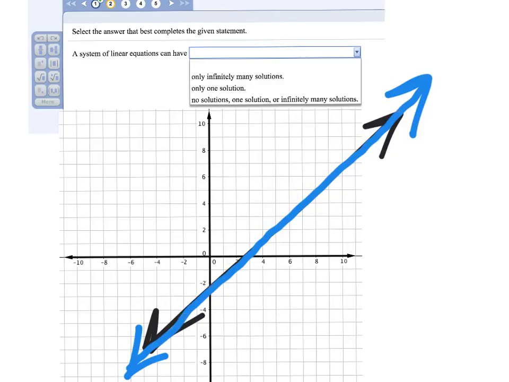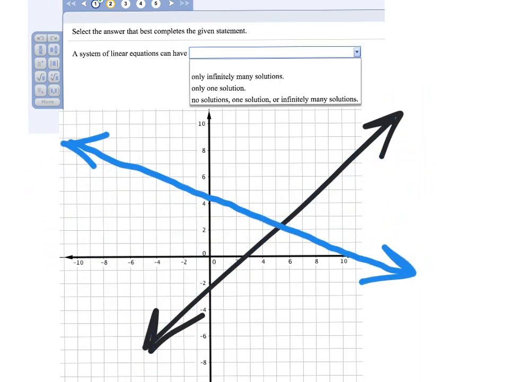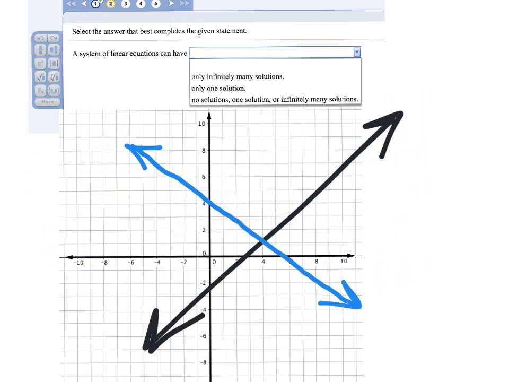So when you are solving a system of equations, meaning graphing two lines and trying to figure out where or if they cross, you have three possibilities: no solutions, meaning they're not going to cross at all; one solution, meaning yep, they cross right there; or an infinite number of solutions because they're the same line.